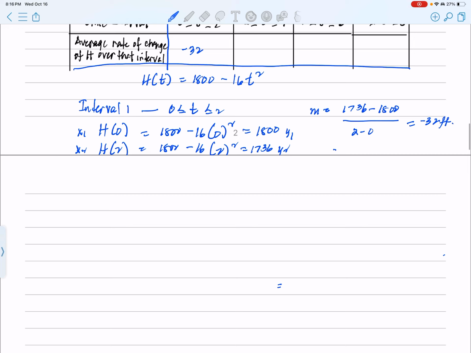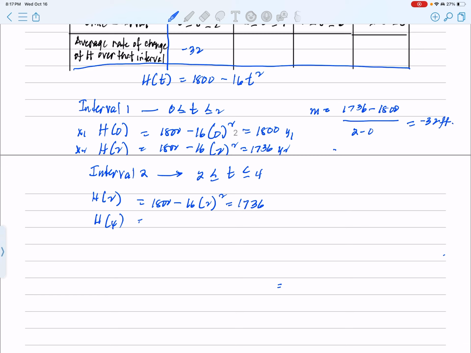Let's do interval 2, 2 to 4. So h of 2 and h of 4. We have the computation of h of 2.